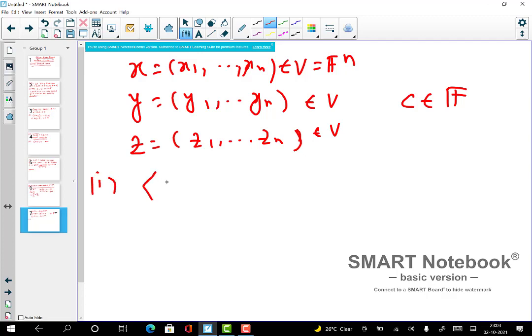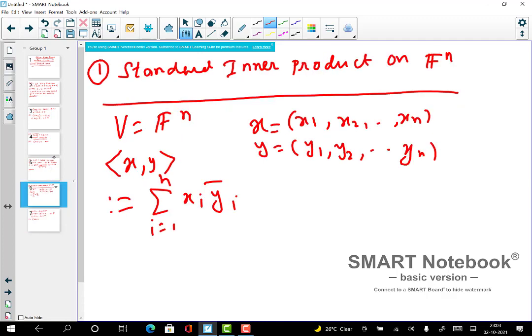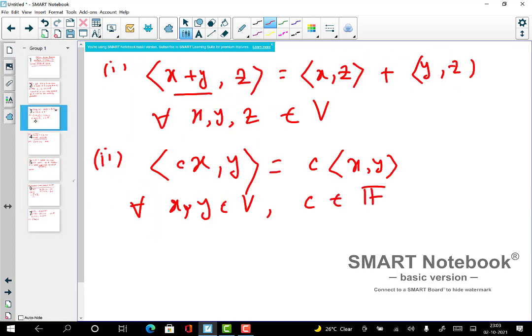Now property 1: you start with the inner product of x plus y with z, and you will find that it satisfies additivity in the first component. One more thing: properties 1 and 2, if you club them together, tell you that this is linear in the first component.